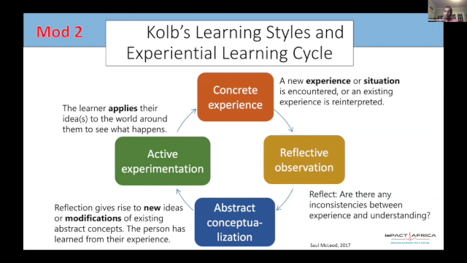First is having a concrete experience, followed by observation of and reflection on that experience, which leads to the formation of abstract concepts, analysis, and generalizations. Then that leads to testing a hypothesis in future situations, which results in a new experience. And Kolb says people learn effectively when they go through these cycles.